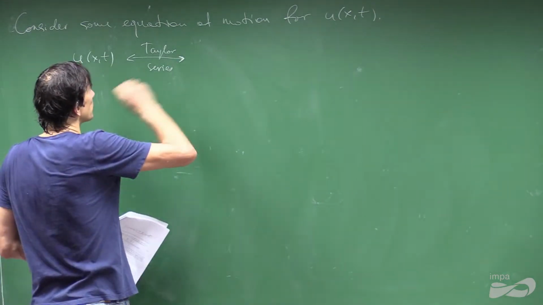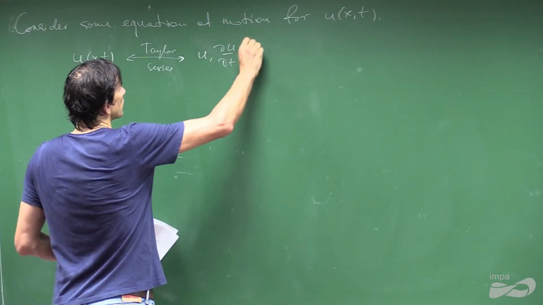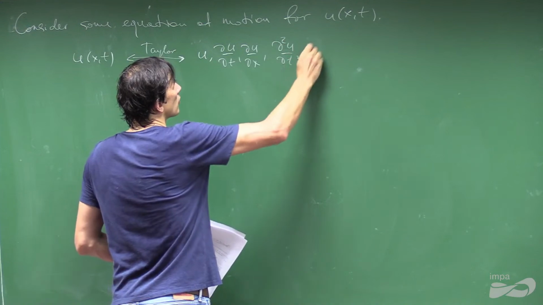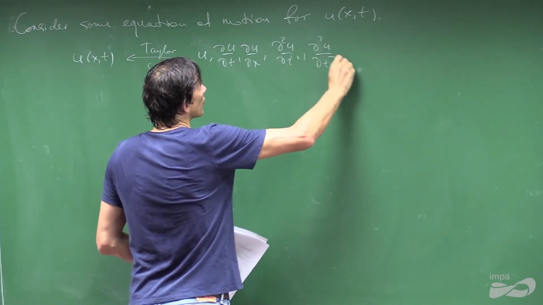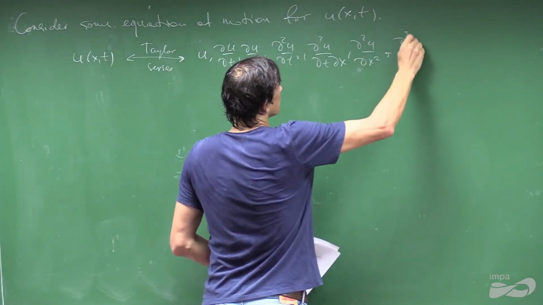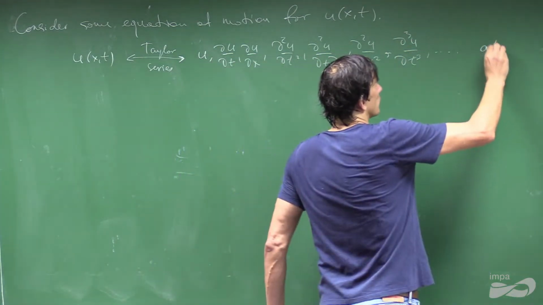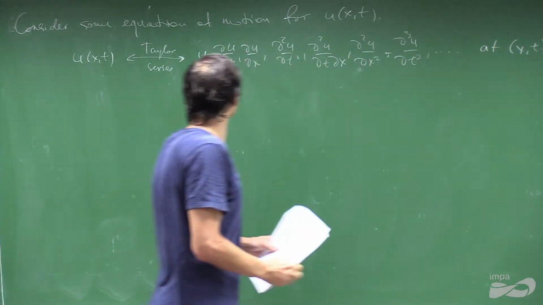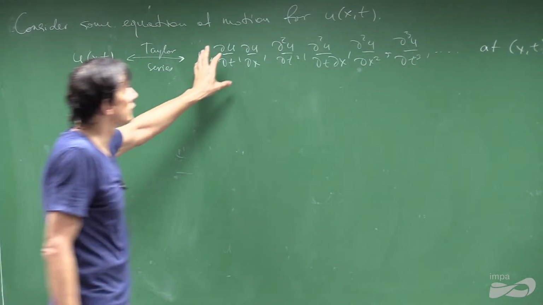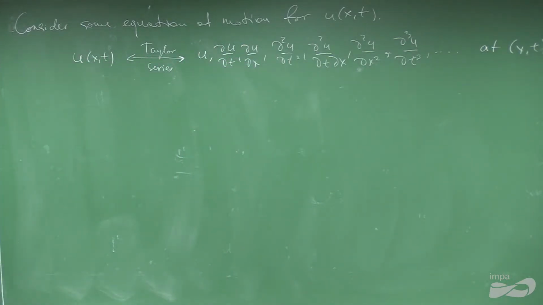So it can be approximated by its value, its first time derivative, second time derivatives, third time derivatives, and so on, at some given point. If you take all derivatives of the function at some given point, this collection of numbers approximates this function very well locally.